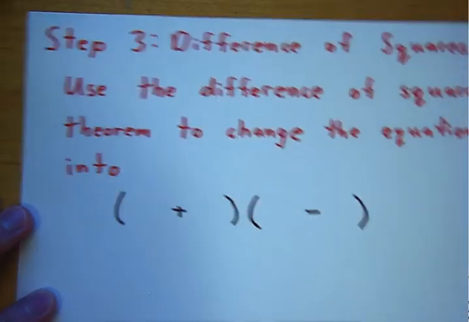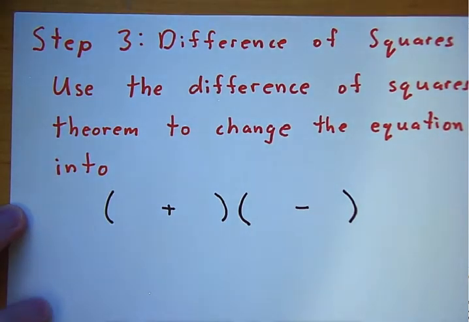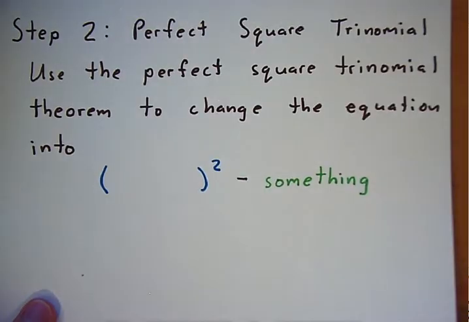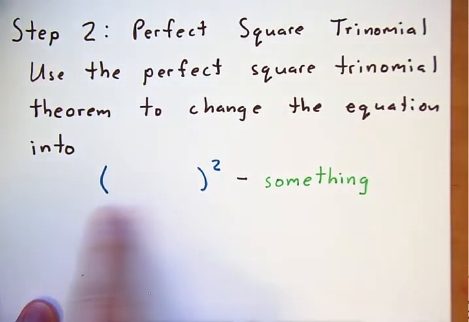Next, once you are done with that, the very final step, technically, after step number 2, after you have changed it into this, you will have done the completing the square part.